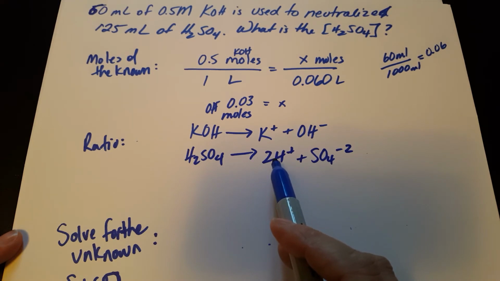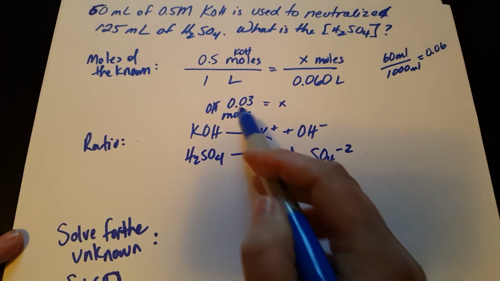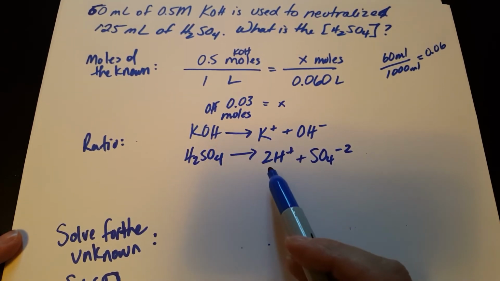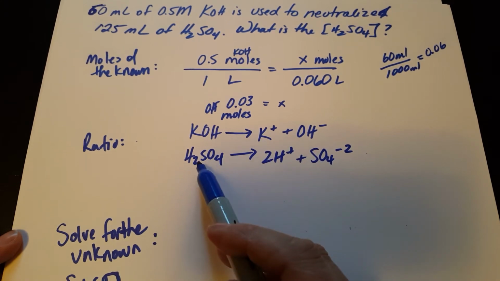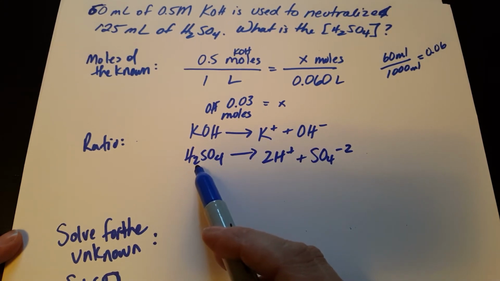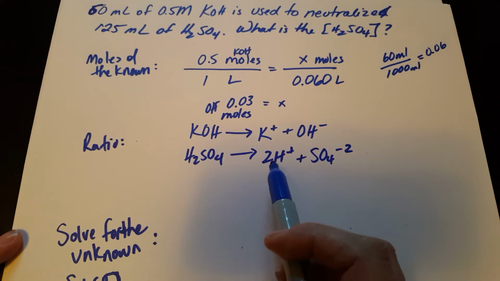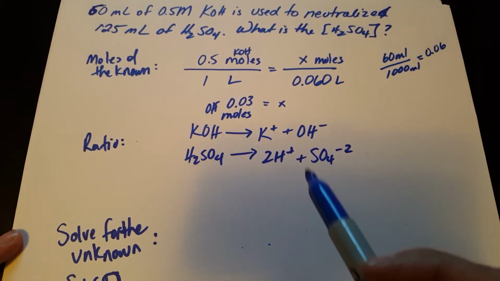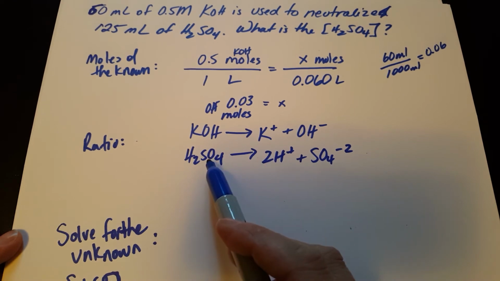So let's reverse that. If we have 2, that means, if we're only matching up one of the protons with one of the hydroxide at neutralization, we need half as much of the H2SO4. Again, we're trying to be equal. We don't want double this with this, so we actually need half of this.